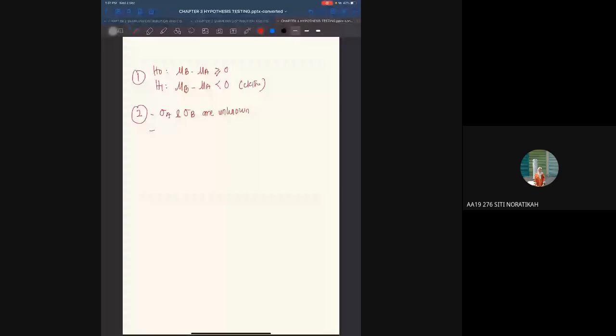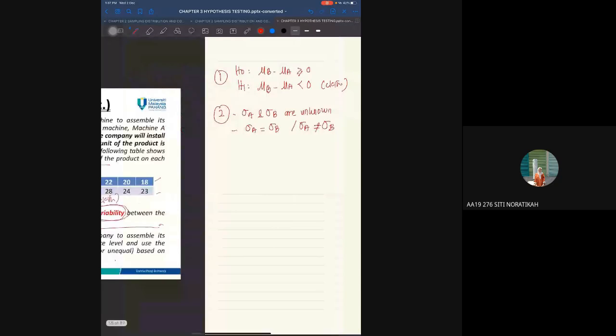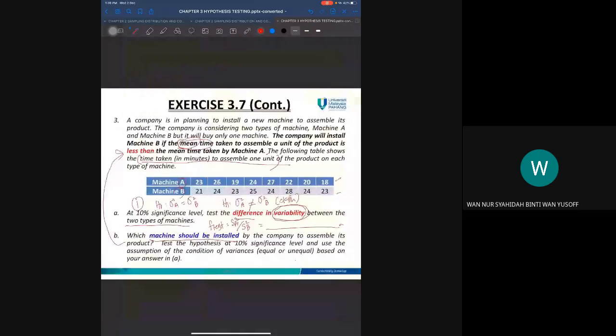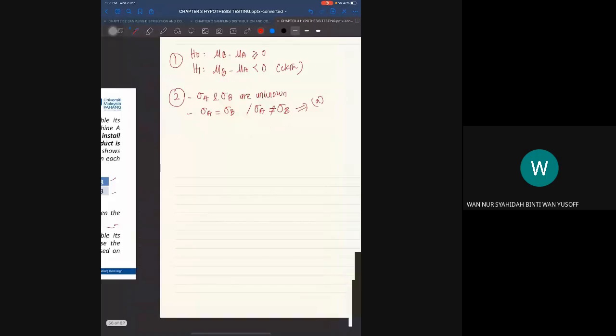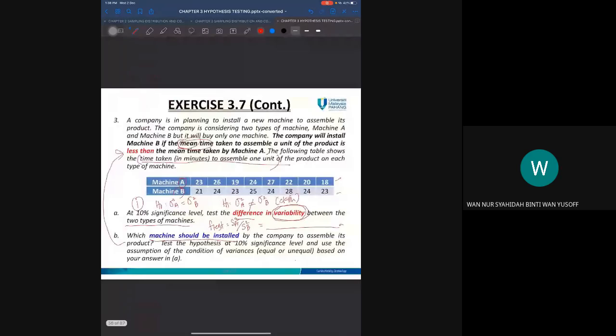Sigma1 and sigma2, equality of the population variance. Adakah mention dalam soalan? Dah kira dekat A. So the condition of the equality of the population variance here is based on question A. Here we state that use the assumption of variance equal or unequal based on your answer in A. So this hypothesis.